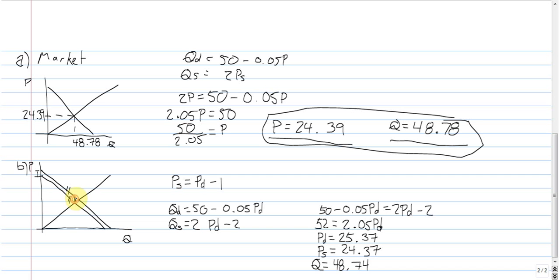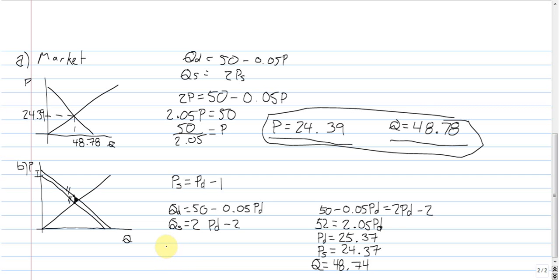I'm going to fill it in if I can. It's basically the difference between the market outcome that we calculated in the first part, and the outcome when you put in the tax. That's your loss of consumer and producer surplus, your deadweight loss.